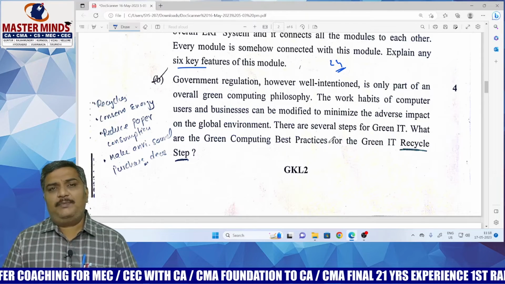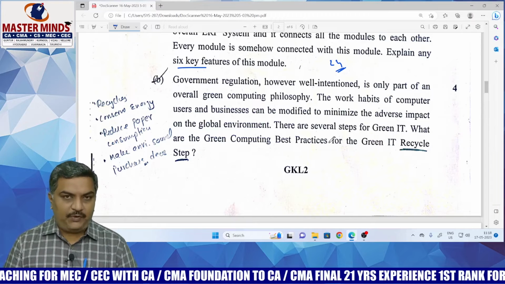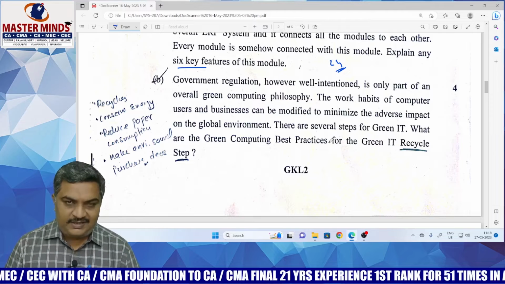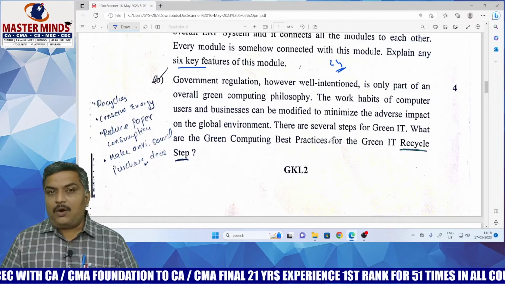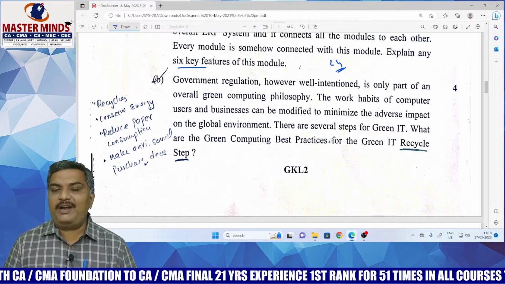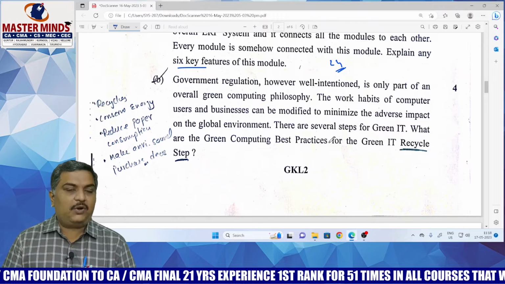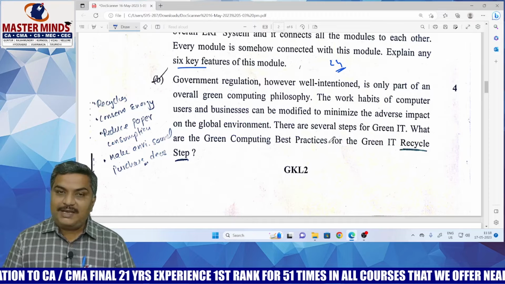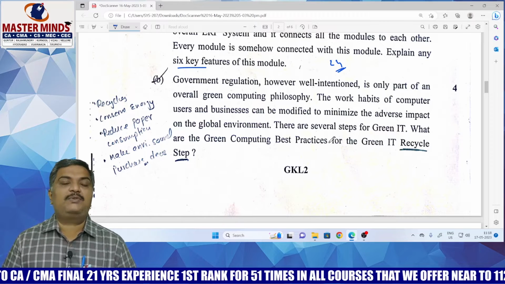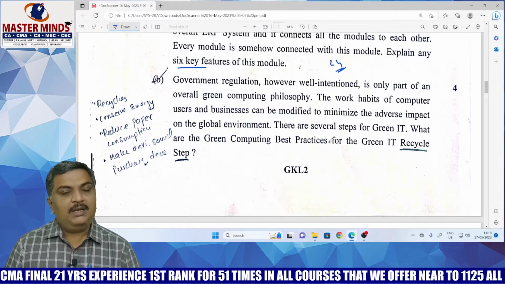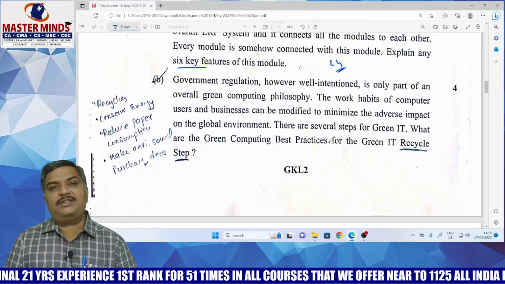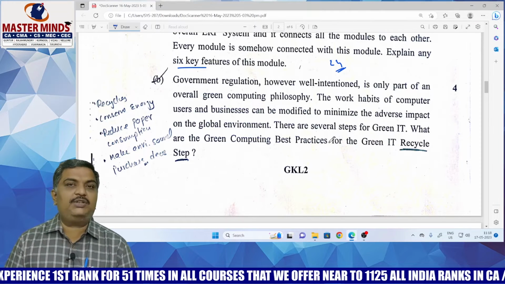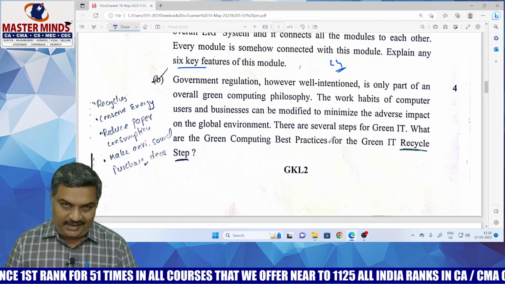So generally, whenever we are using information systems, we use a lot of servers, we use a lot of computers and systems, and these all generate a lot of heat, radiation, and these all things which are very much damaging to the environment, and at the same time the lifetime of the systems we are using will also come down. So for that reason, every organization should have a green computing plan, and every organization should follow best green computing practices.